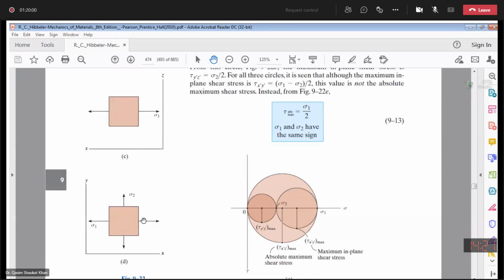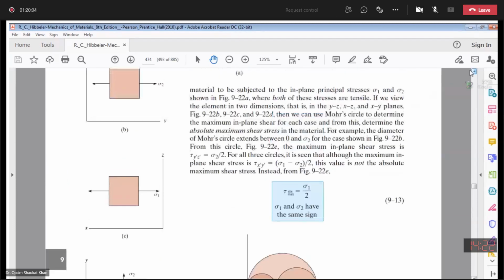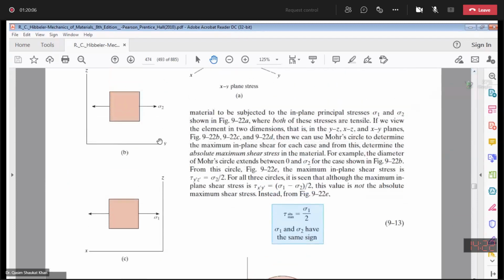We will draw the Mohr circle. Let's start first with the YZ plane. In the YZ plane, you have an element on which there is principal stress sigma 2, but no stress over z. So 0 and sigma 2. Always remember sigma 1 is the larger principal stress, whereas sigma 2 is the smaller principal stress.